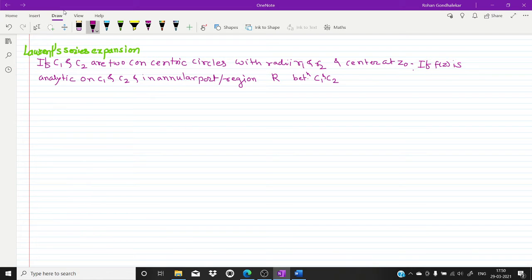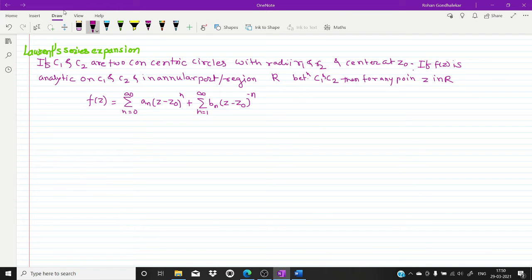Then for any point z in the region R, f of z can be given as f of z is equal to summation a n, n runs from 0 to infinity, into z minus z naught raised to n, plus summation b n into z minus z naught raised to minus n, where n runs from 1 to infinity.